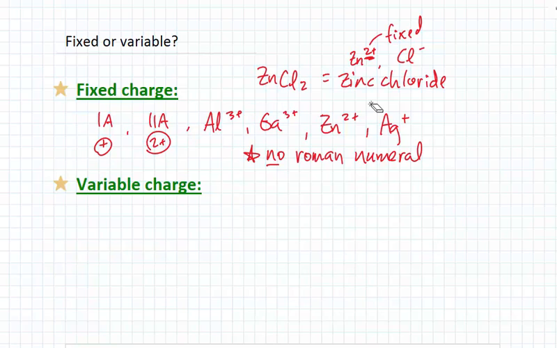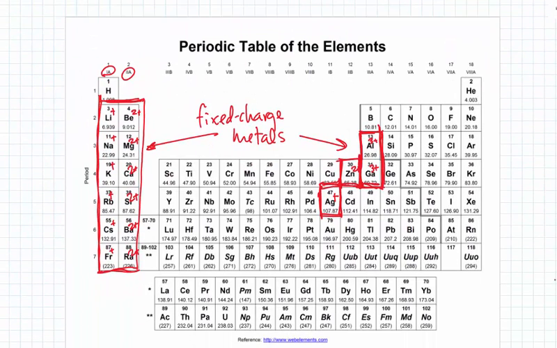So don't call it zinc 2 chloride, just call it zinc chloride. All of the non-metal charges are fixed as well. 1 minus, 2 minus, 3 minus. So it doesn't hurt to write those on there, although that's not the difference between fixed and variable. The difference is where the metal comes from.